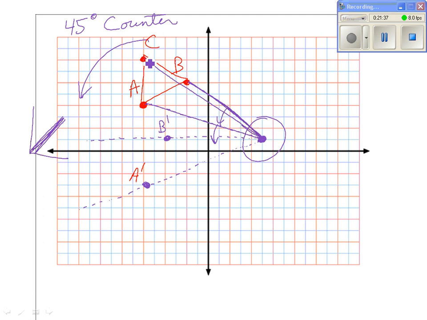We want it to go 45 degrees. Well, 45 degrees is going to be a little farther than B was, so somewhere like out in there. It's not going to look the same. If I measure it, probably I'm not out far enough yet. If I measure it, I'm about that far out. Yeah, I'm not anywhere near out far enough. Point C is going to be somewhere way out in here.